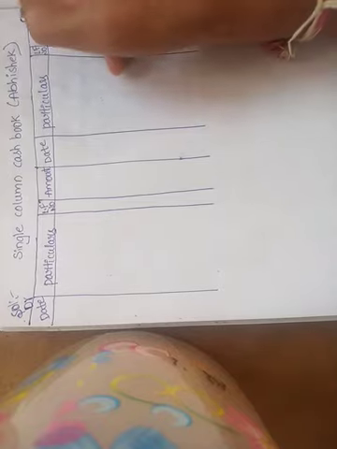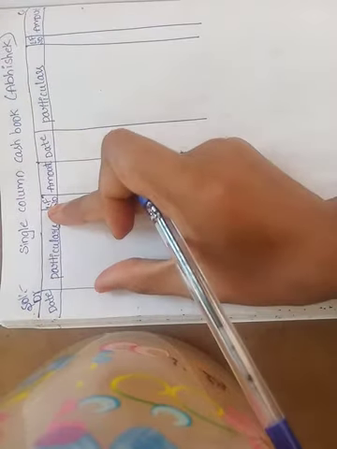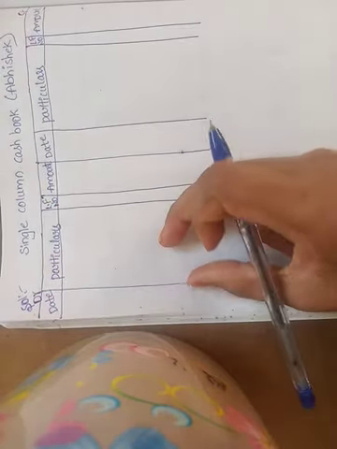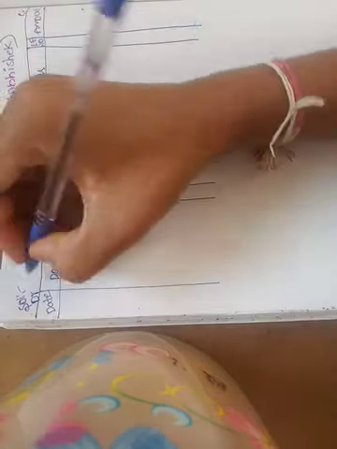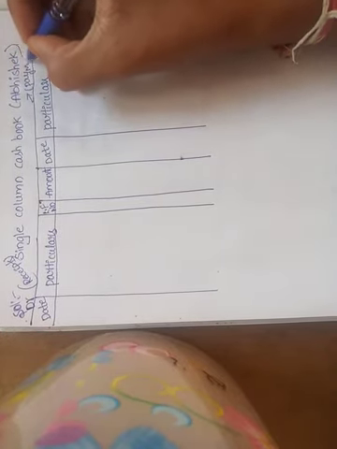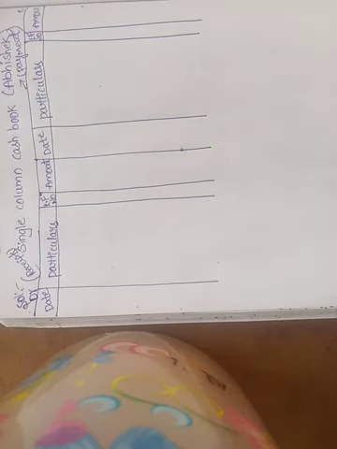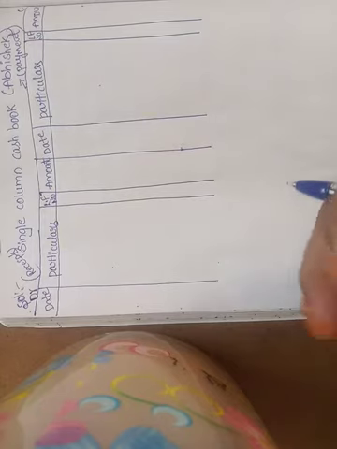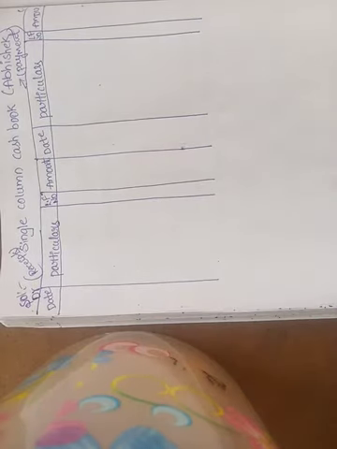On the debit side, what do we record actually? On the debit side, receipts will be recorded. And on the credit side, payments. When we purchase goods, when we have to pay some amount to other persons, those are payments. And receipts are when we sell goods, when we receive cash from some persons.